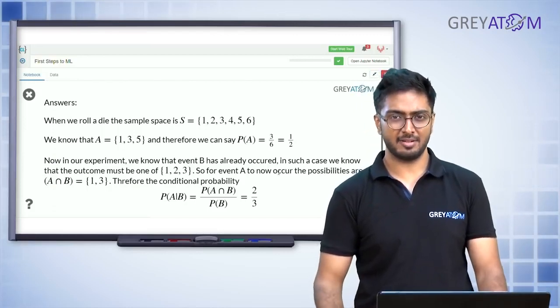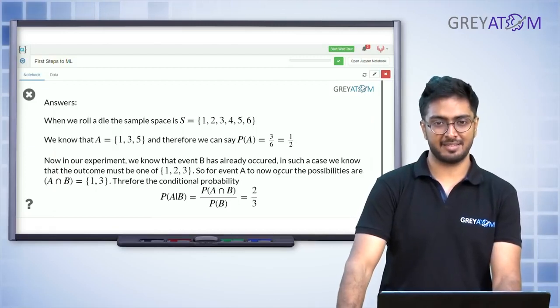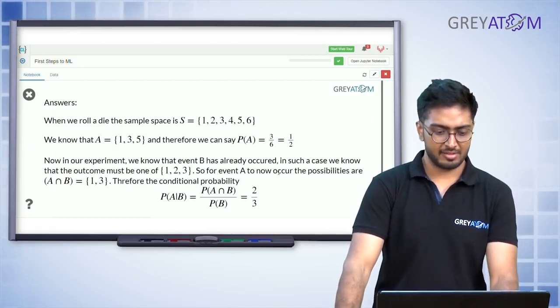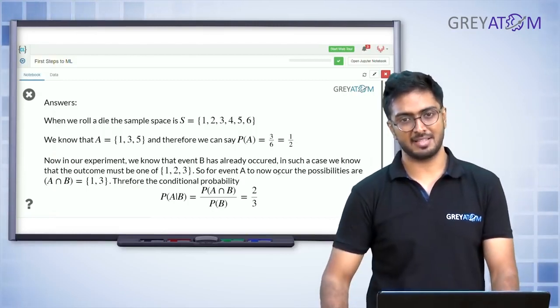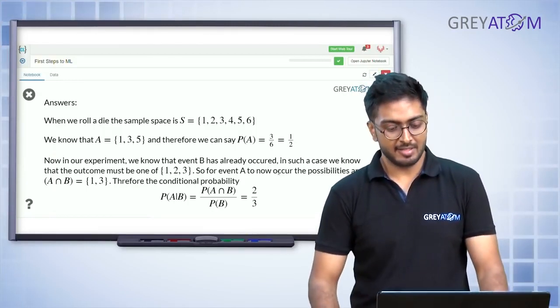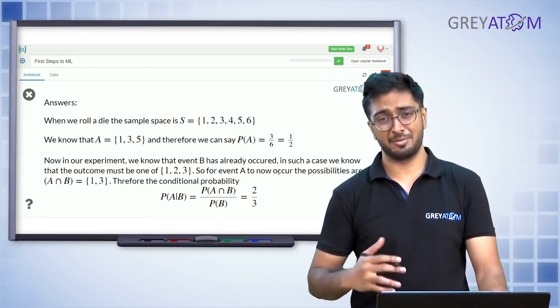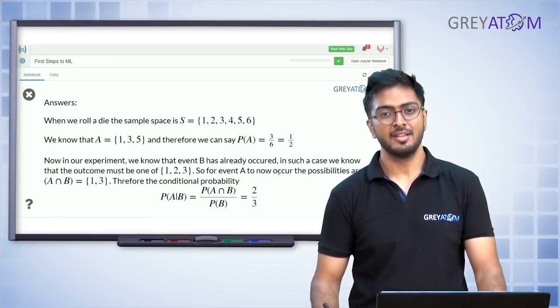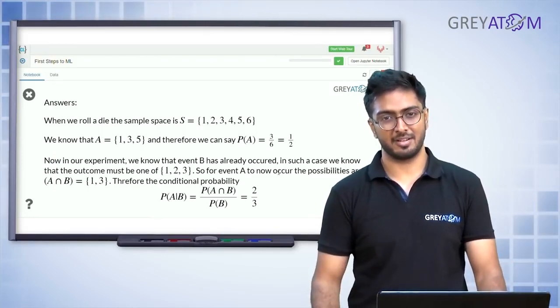If I tell you that B has already happened, the sum is less than 3, so the outcome must be one of 1, 2, 3. Event A was that the outcome is an odd number. So now what is the probability of A if B has already occurred?